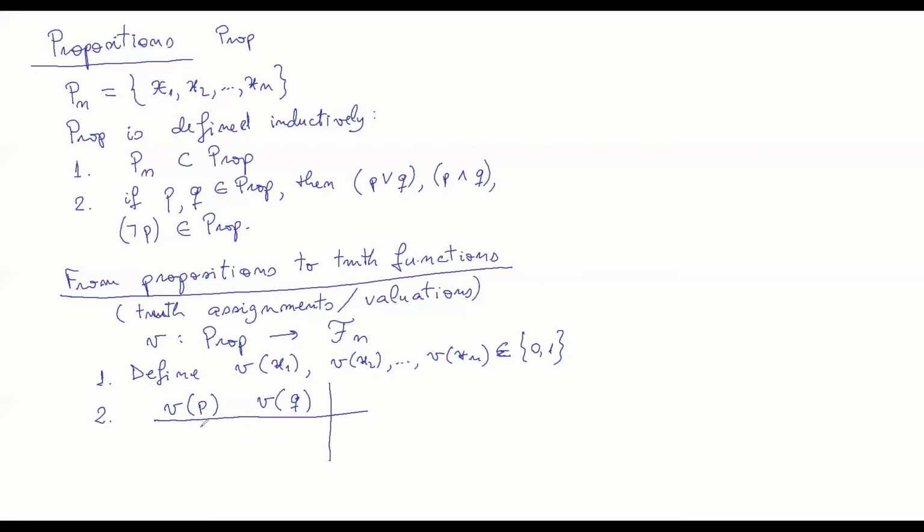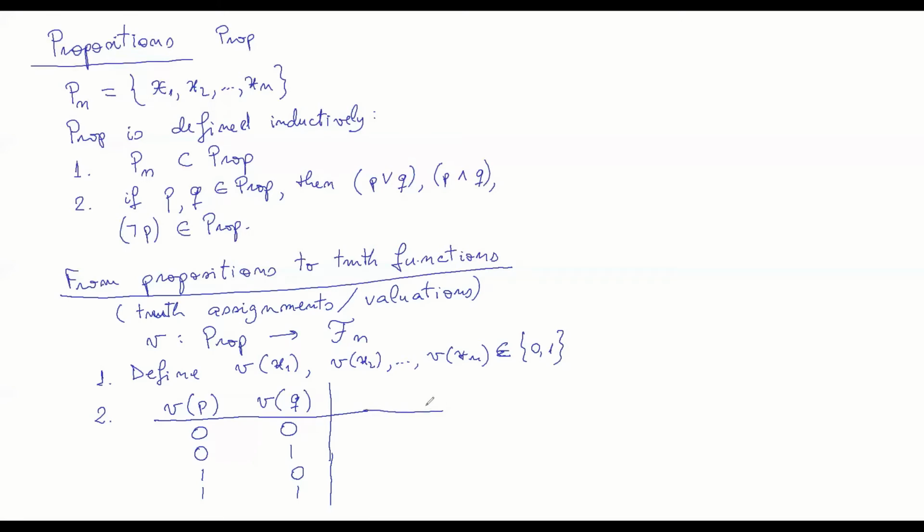There are two possibilities, 0 or 1, for V of P and two possibilities for V of Q. So altogether, looking at all the combinations, according to our inductive definition we have to define the valuation for each one of these four cases, and then we also think about the unary operator.